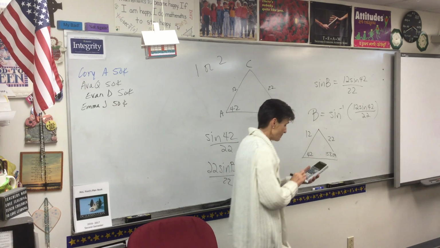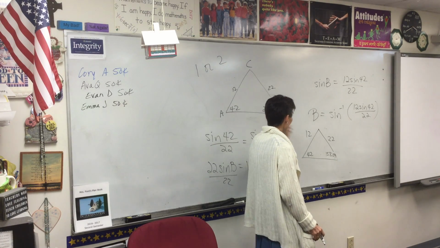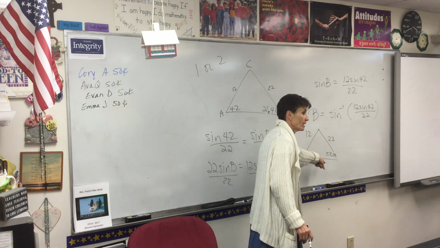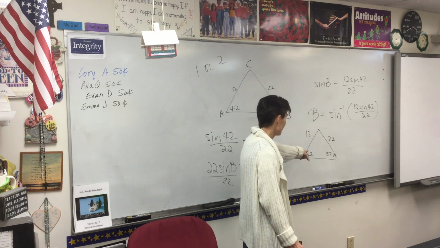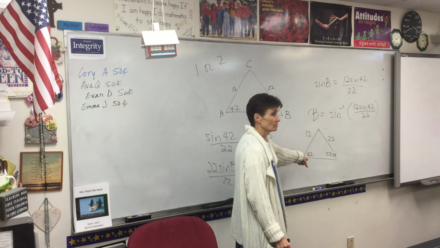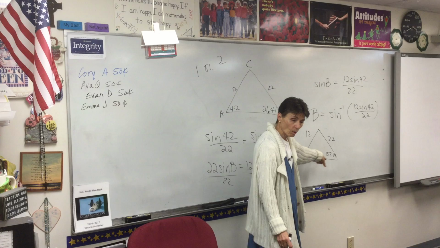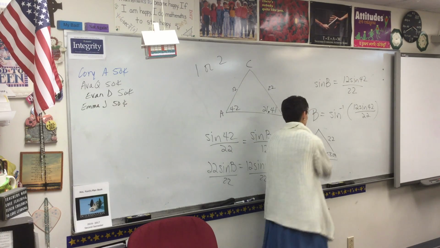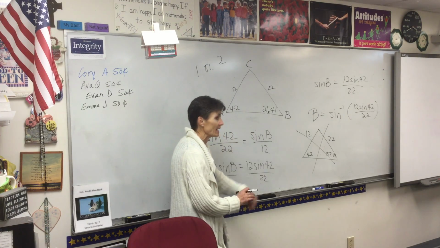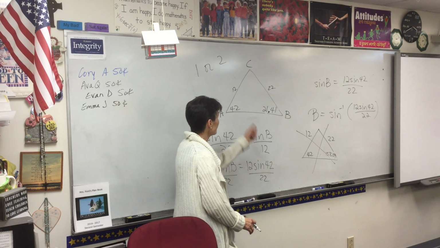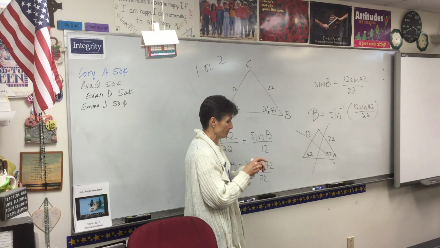So the second time you draw the triangle, you do 180 minus the answer you got on your calculator. And then you stand back and say, would that be possible? Why is that not possible? They add up to more than 180. So there can't be a second answer because they add up to more than 180. Therefore, there must be only one answer to this problem.